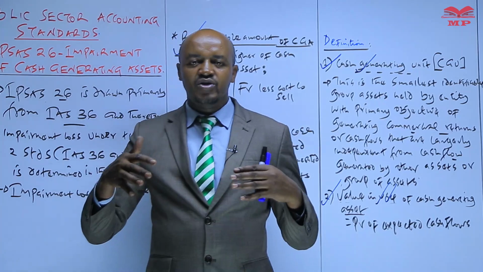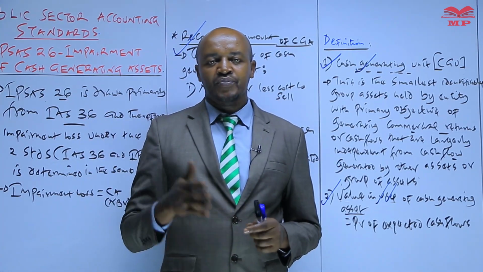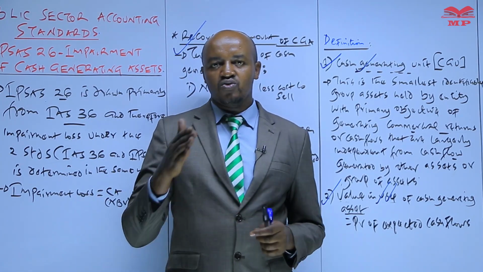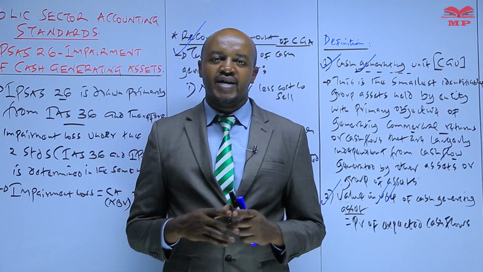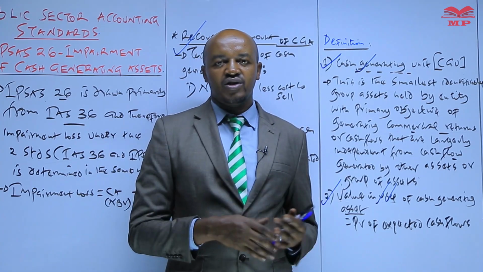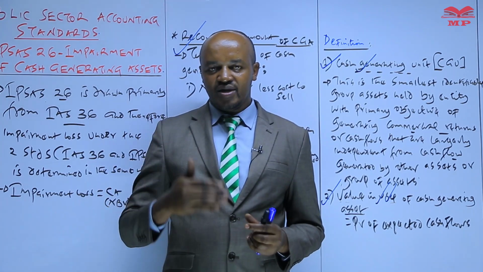And actually, we don't have any question which has been tested from this particular standard, whereby the examiner was requiring a candidate to compute the impairment loss under IPSAS 26. So the questions which are usually tested are questions under IAS 36.